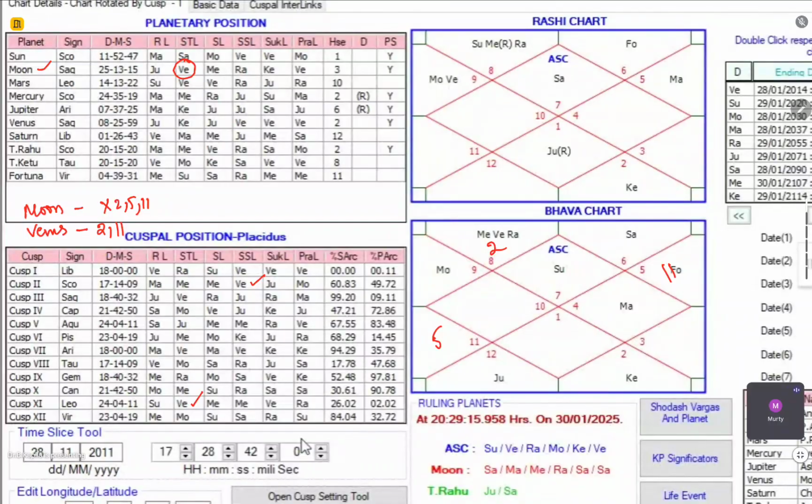What I said was the primary cusp is very important. First, we have to focus on the primary cusp, and if the primary cusp is not there, then we have to focus upon the supporting cusp. And even if the supporting cusps are not there, then we proceed to the star lord. And for the star lord, we follow the same procedure. Okay, so it is important.